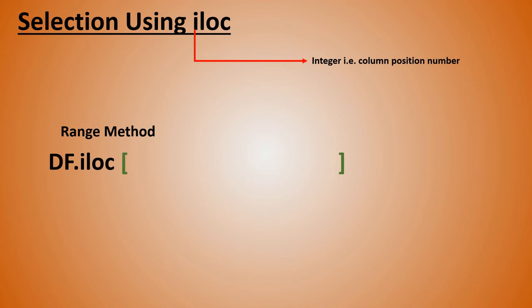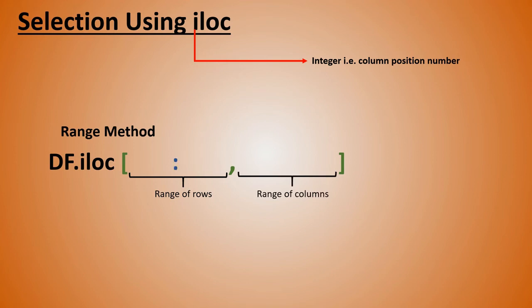df.iloc, and then as we did in loc, here also we're gonna say iloc, then in the middle we will put a comma, at the left side we will provide a range of rows, at the right side we will provide a range of columns. So when we are providing a range of rows, again we have to put a colon, and at the left of the colon we need to provide the starting index number of rows, and then at the right the end index of rows.